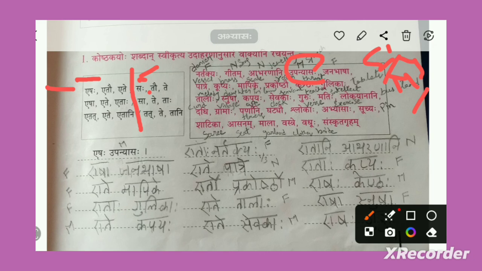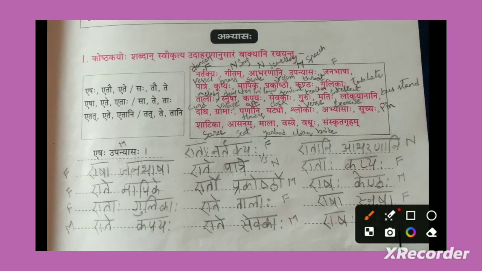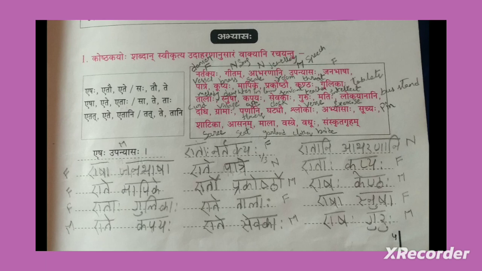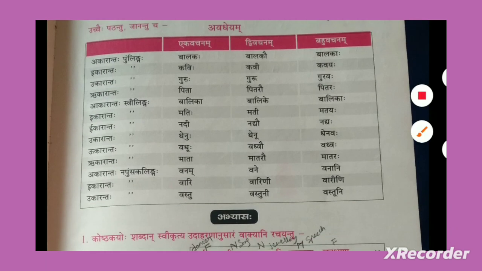I'll give you one more example. See this? Guruhu. Just take this shabda. I'm just randomly picking. You need to know the gender of this Guruhu and the Pradhama Vibhakti forms of Guruhu. Once you see this shabda, just go back here. They have already given you a few examples, right?